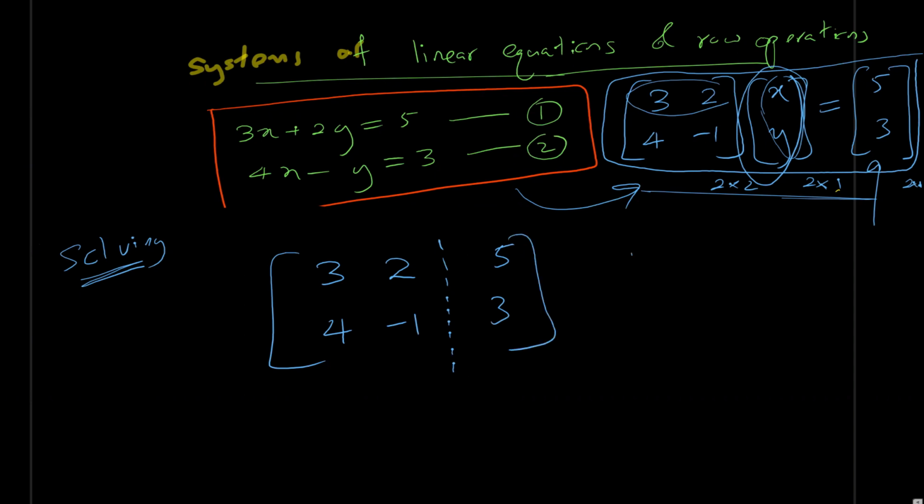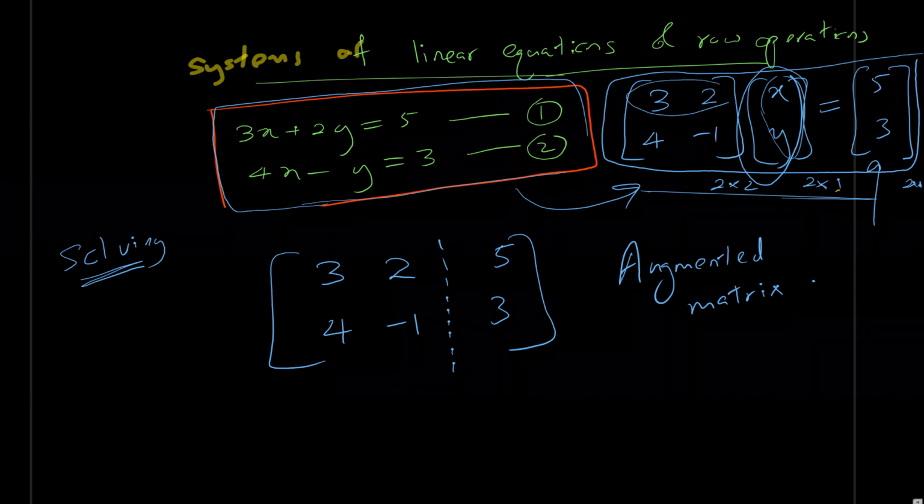So this is known as the augmented matrix of that system. Now we are going to do some operations exactly like what we did in this red color system, but without x and y. But first, we have to learn those operations.